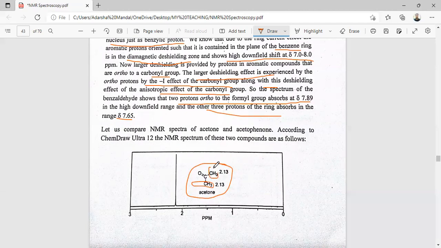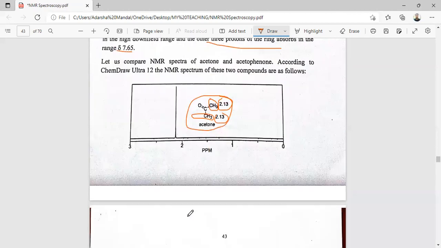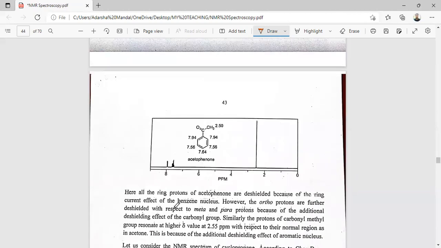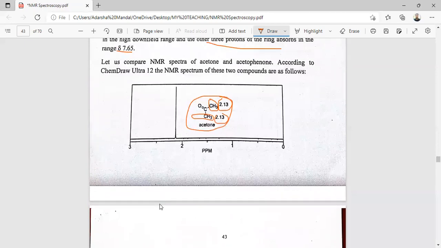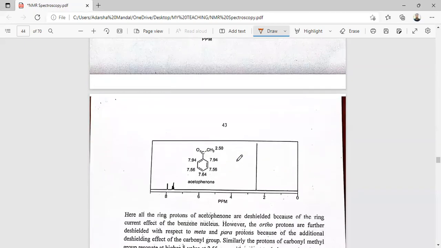It will give a delta value at 2.50 ppm, and in the aromatic region the deshielded zone, 7.94 and 7.53.